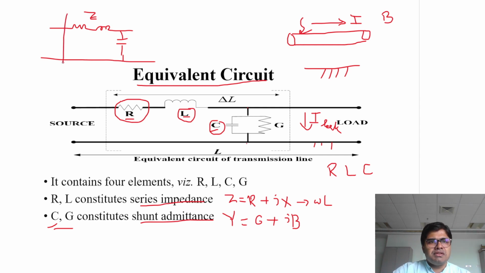If this section is distributed throughout the length of the line, then this element is called a distributed element. And if this Z and Y is considered to be lumped at one point of the transmission line, it is called a lumped parameter. So the equivalent transmission line model can be represented by a series RL with a parallel capacitance.